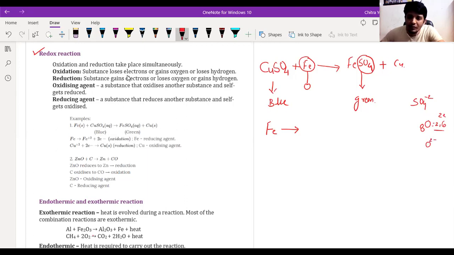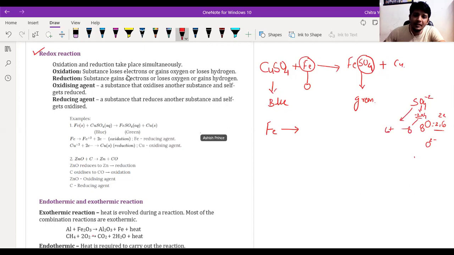So here we have one oxygen atom with -2 charge, but in SO4 we have 4 oxygen atoms, so we multiply by 4. One oxygen atom has -2 charge, so 4 oxygen atoms will have -8 charge. On sulfur, sulfur has positive 6 charge. Do you know how?